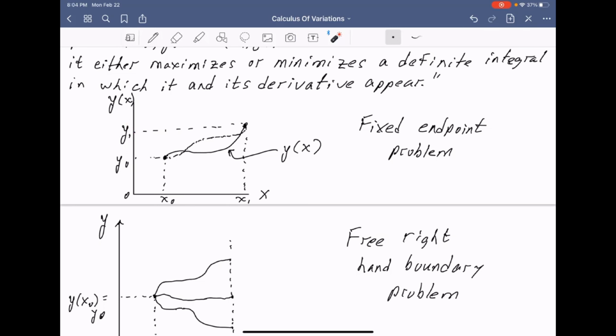And we want to find a function that is somehow optimal, that either minimizes or maximizes the integral. So in this case, the solid line represents that particular function that we're going to find. So this would be our optimal function. And we refer to this as a fixed endpoint problem.